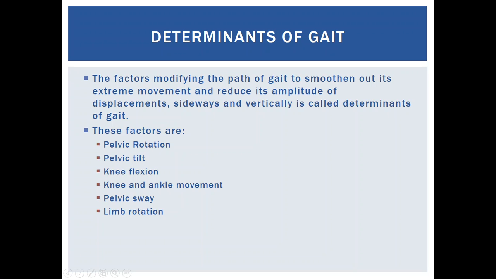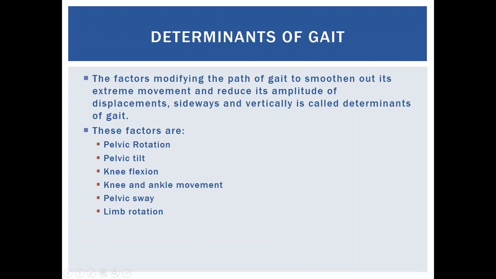crisp. Now, knee and ankle movement is also important, because if your ankle is not dorsiflexing or plantar flexing, then it is very, very difficult for you to plant your foot firmly on the ground and balance. Then again, the pelvic sway, like I said, pelvic rotation and pelvic tilt are important, and similarly the swaying of the pelvis is also necessary to make sure that the position is well maintained.